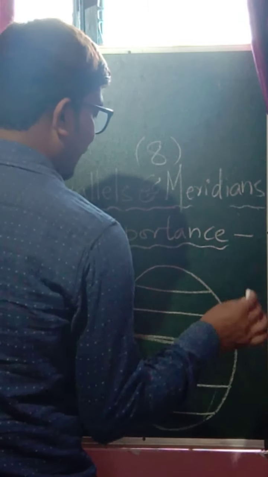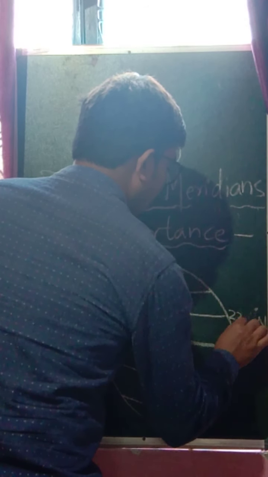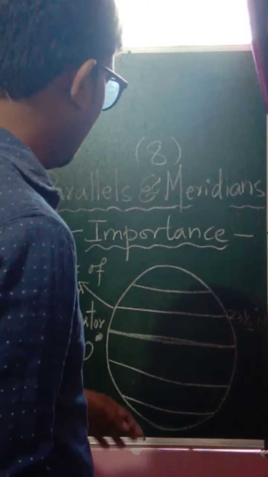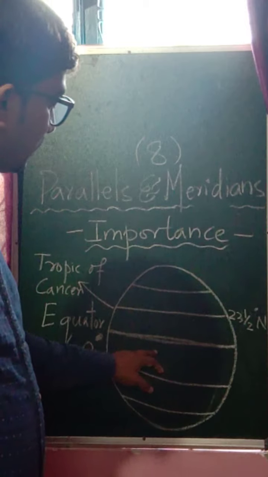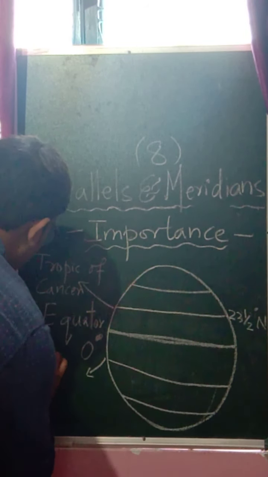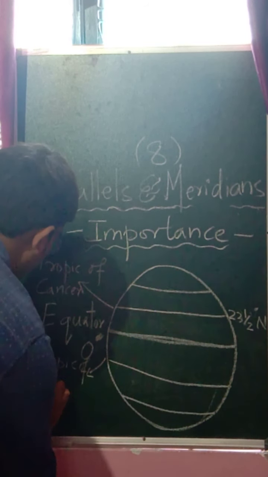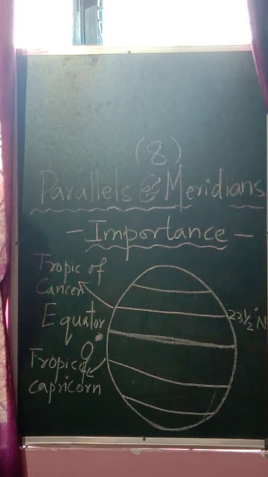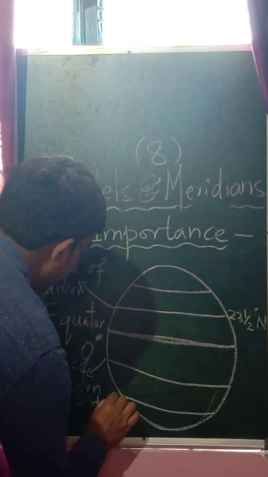And if you see in exact numerical way, it is about 23.5 degree north you can consider. Same way as Tropic of Cancer is above the equator, just below the equator there is Tropic of Capricorn, which is around again 23.5 degree south.